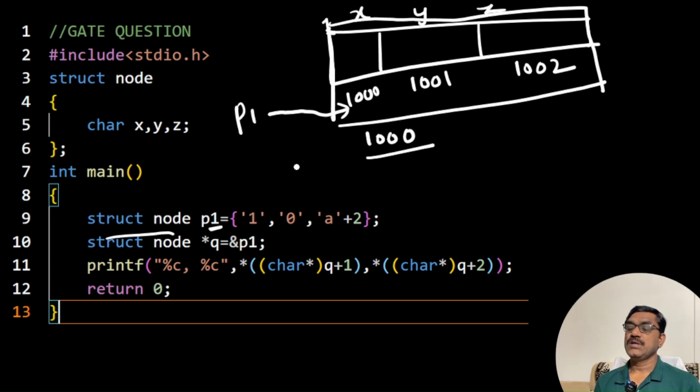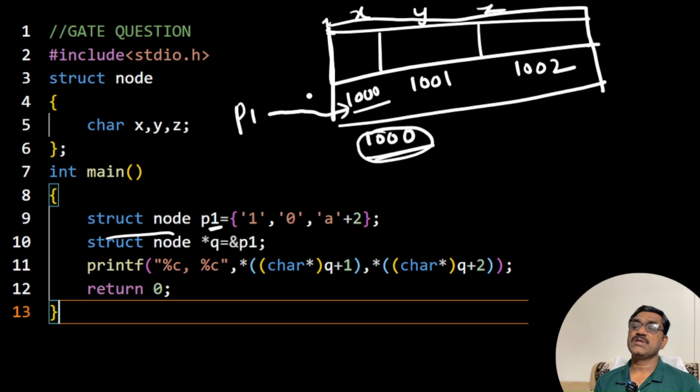Now, the important thing you have to remember, this 1000 is different. This outer 1000 represents the address of the whole structure, right? Now, the address of the whole structure is the same as the address of the first element.